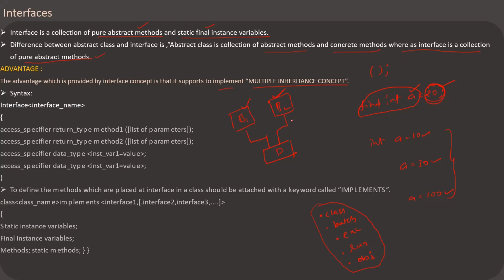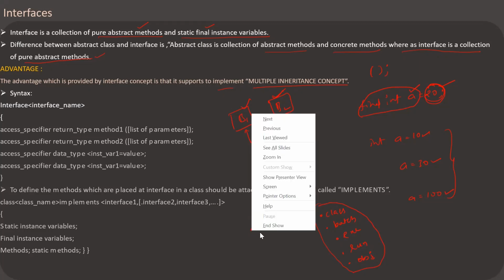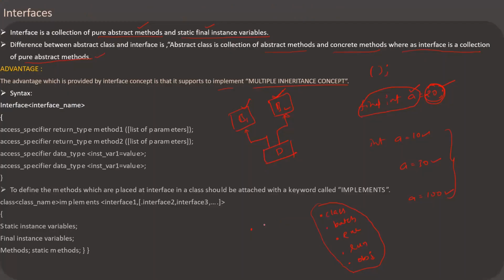That's the reason multiple inheritance is not supported with classes in Java, but it can be supported with the help of interfaces. Why? Because for every interface you create, a separate .class file will be created. For an interface also, a .class file will be generated, just as for your normal class, which is equivalent to that of your abstract class or normal class. So now this is the syntax.